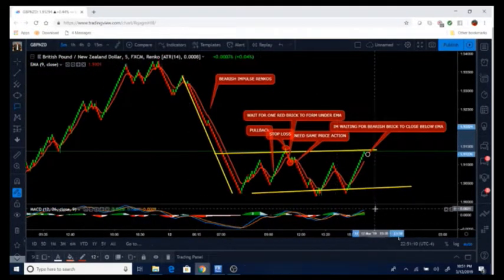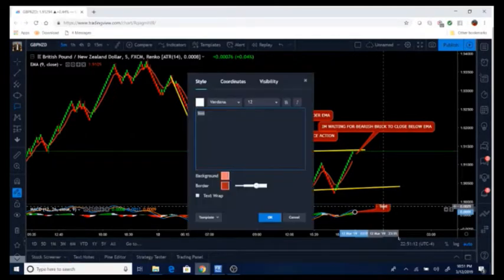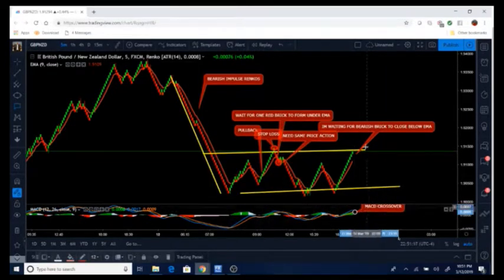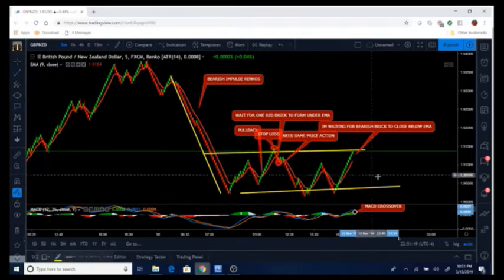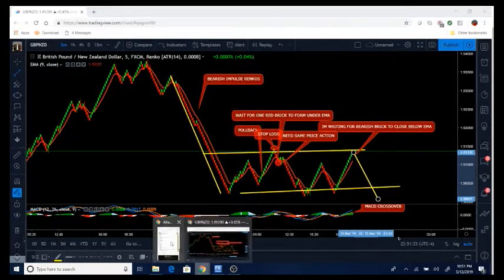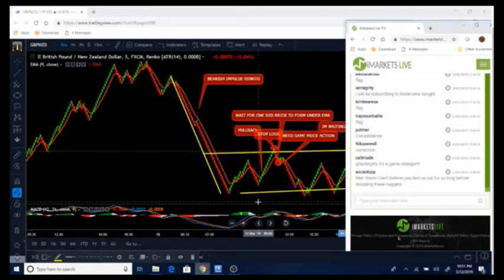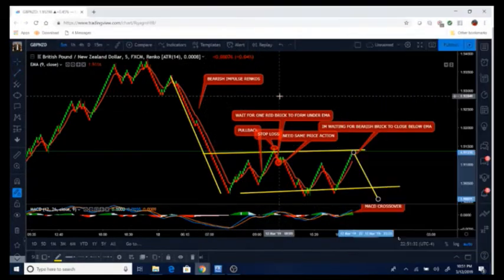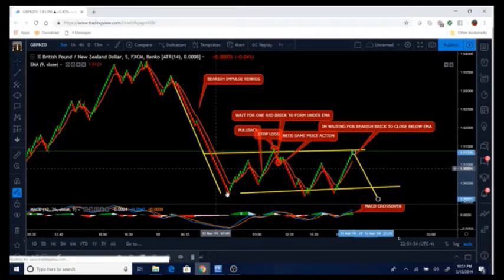Wait for your MACD crossover right here, MACD crossover for your true sell. I get that over here, then guess what? I got my nice sell to the downside. See how that all works? You see how you bring that all together?